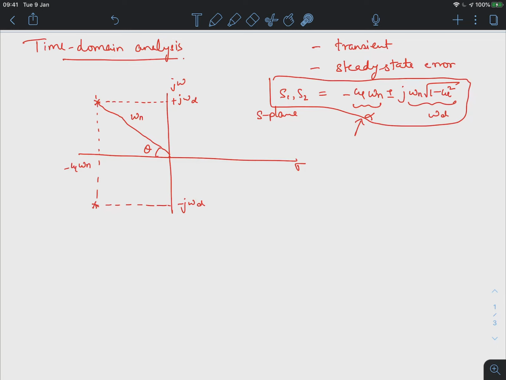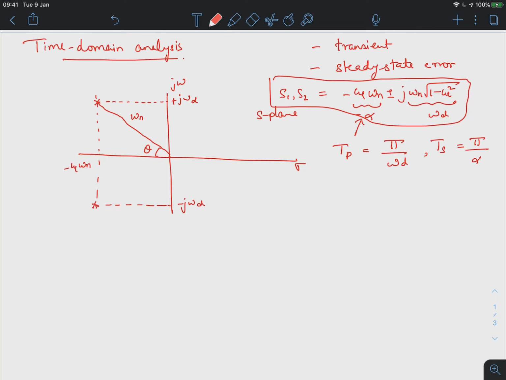Okay, just to recall the formulas: the formula for TP we have is pi upon omega d, and for TS it is pi upon alpha. Actually it's better to write minus alpha, so we would have alpha here.